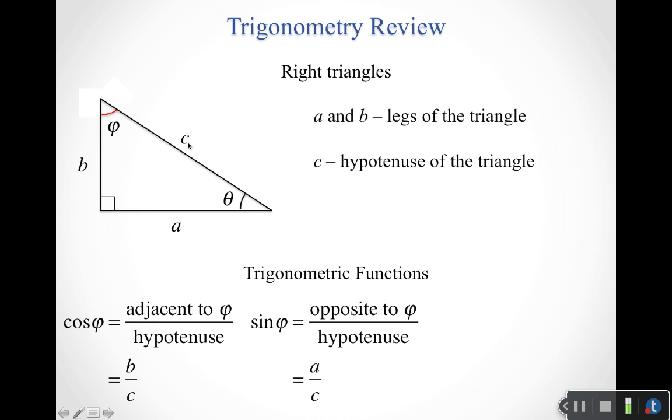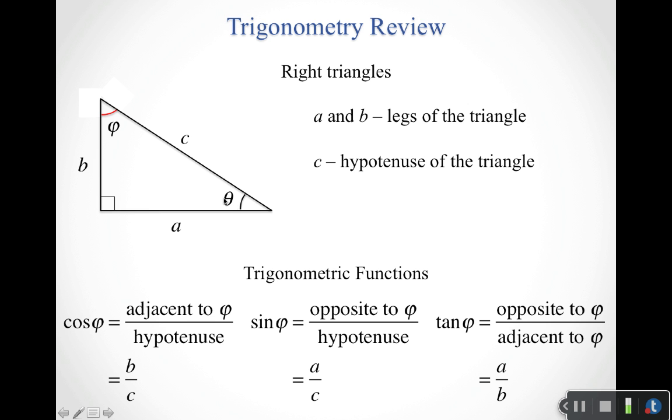Sine phi, I want the opposite side to angle phi. The opposite side to angle phi is A. Divide that by the hypotenuse, so the sine of phi is going to be A over C. And then tangent, same definition, so I want the opposite side to angle phi divided by the adjacent side to angle phi, so this is going to be A over B. So what you notice is, by switching my angle, a couple of things happen.